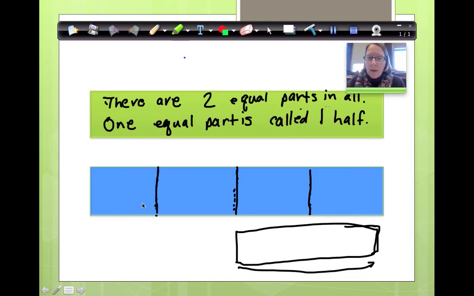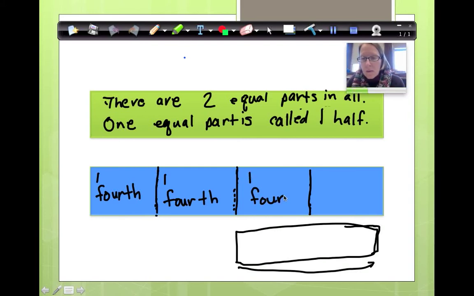How many equal parts did we make on our whole? 1, 2, 3, 4. Which means that this part is a 4th. So I want you to write 1/4 on each whole, or each partition. 1/4, 1/4, 1/4.